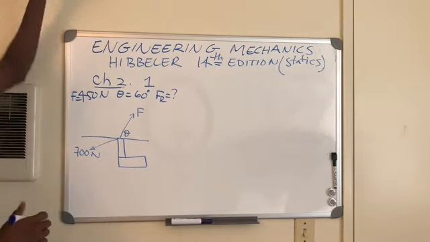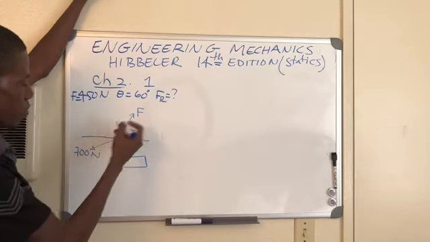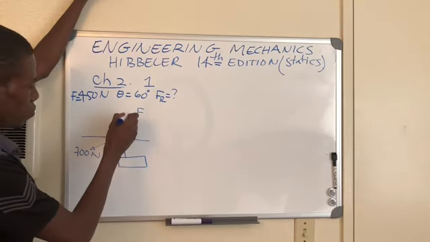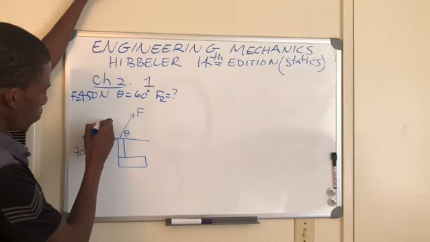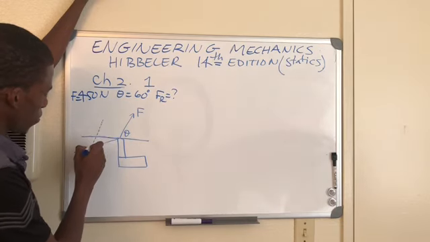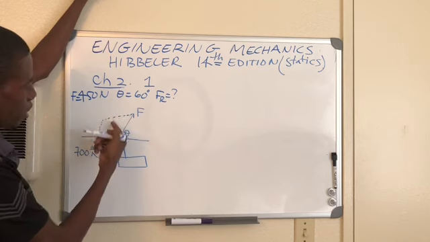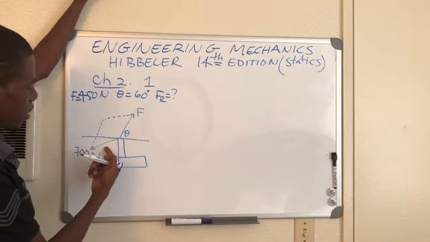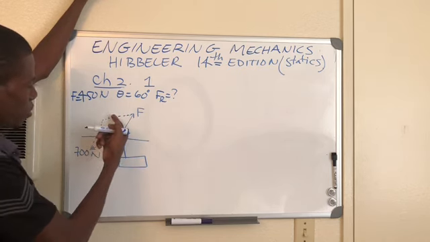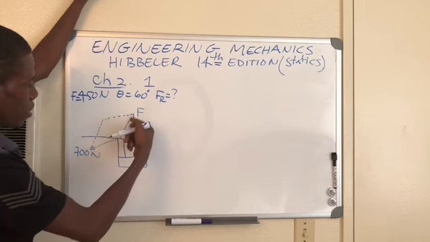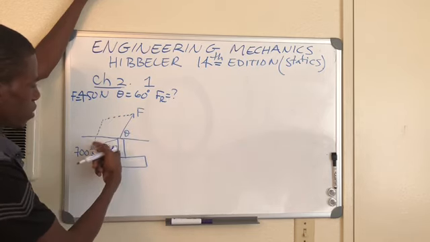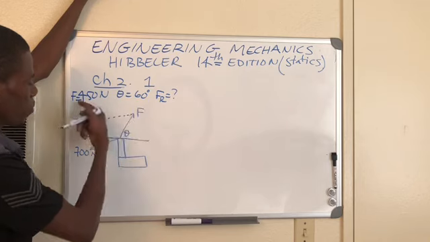We know that the resultant force is the force formed from the parallelogram. I make a line parallel to this line, the 700 Newton here, and another line parallel to F, which is 450 Newton.